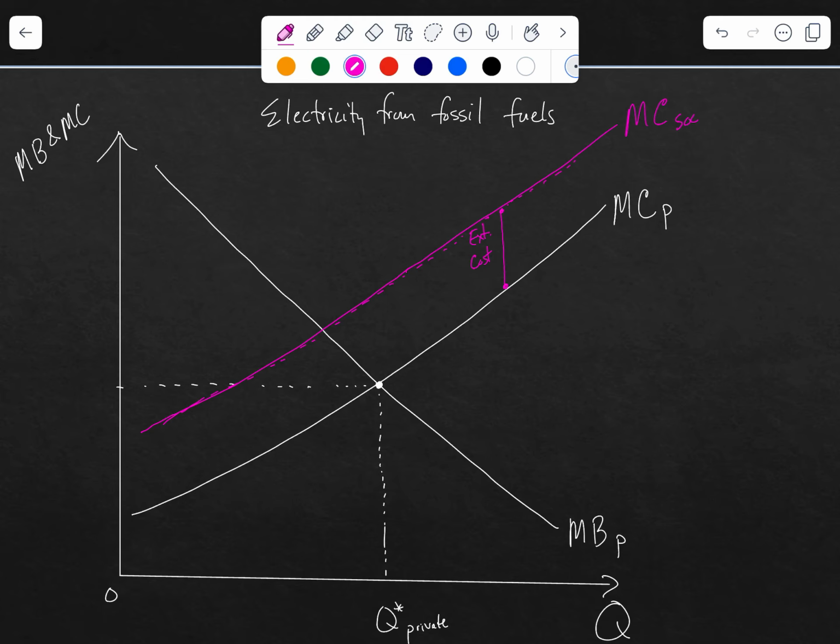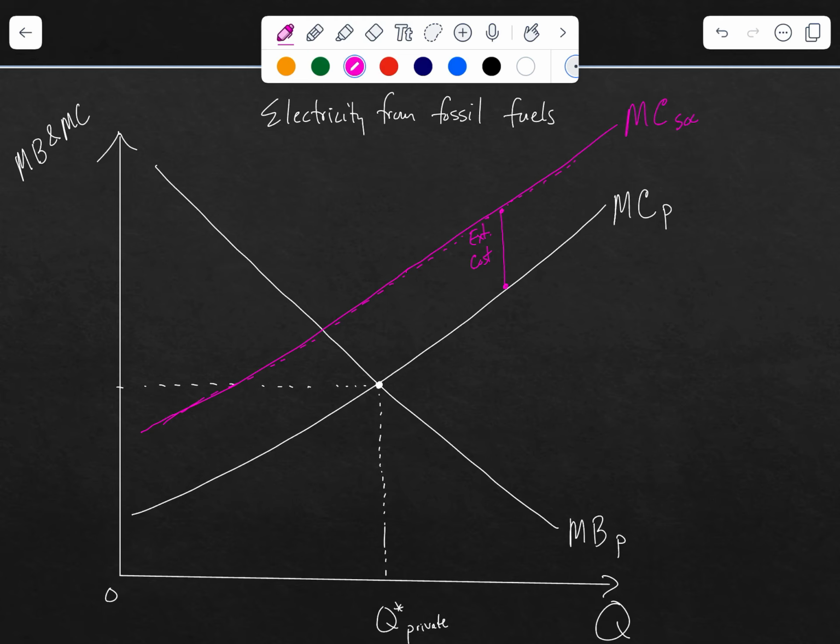So the social marginal cost curve is made up of, who makes up society? All of the electricity consumers and all of the electricity producers and everybody else. Right? To the extent that other people and other creatures are affected, then those are the external costs.